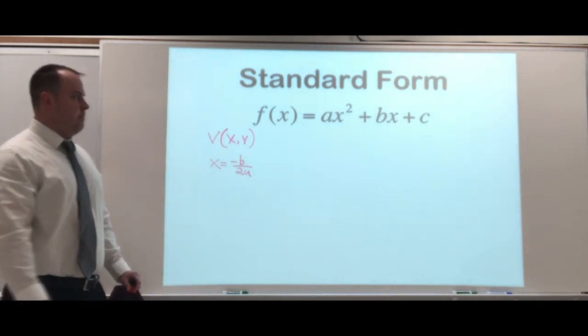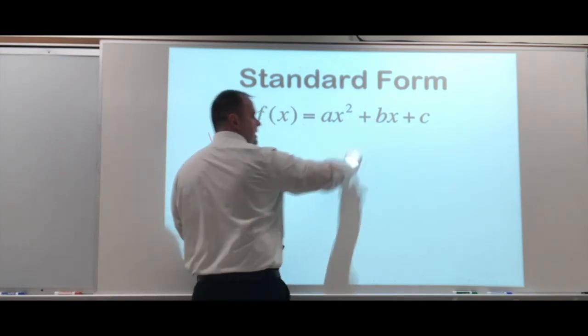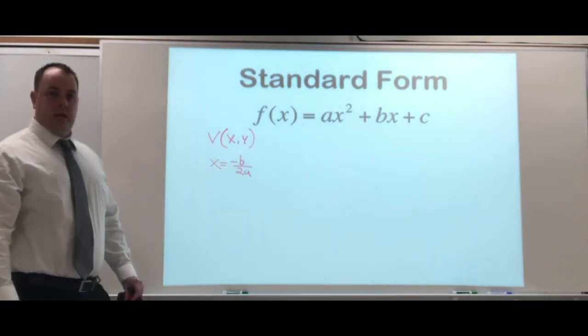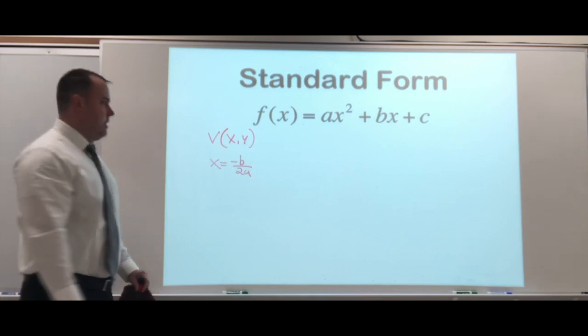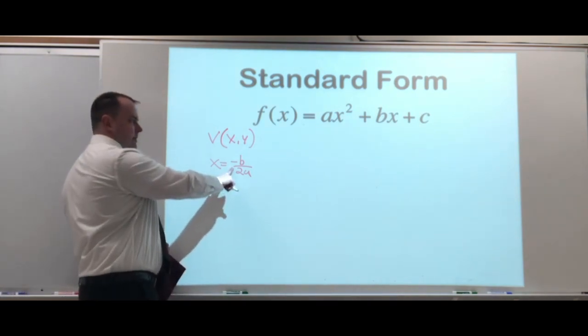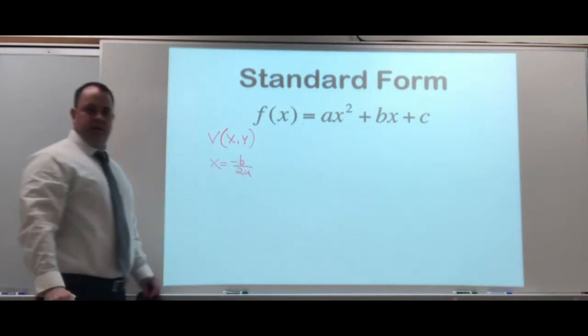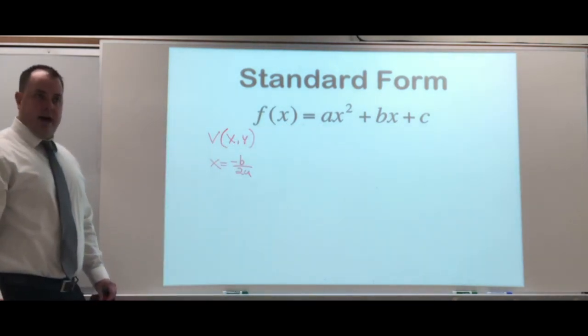Now the way we get our a and b, just looking at standard form, the coefficients for the quadratic and the linear term are our a and b. Plugging into that formula, then take that x value and plug it back into the original equation to get our y value.